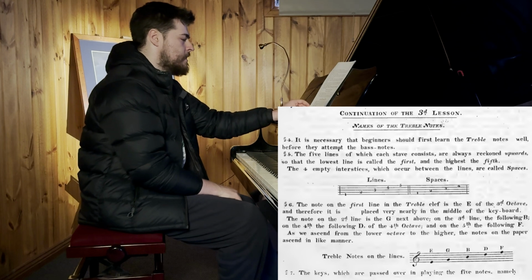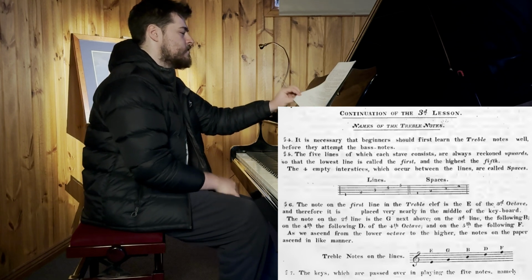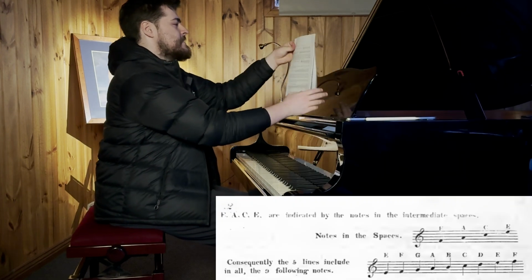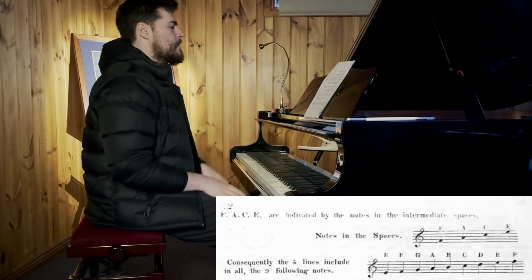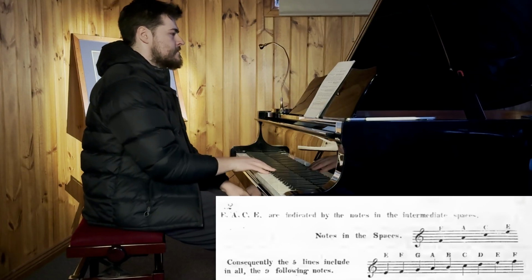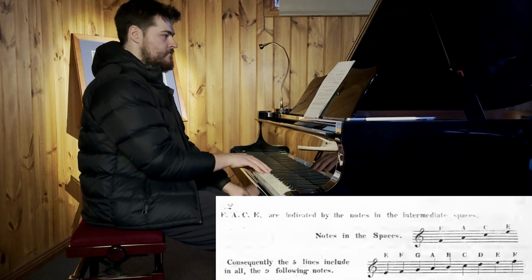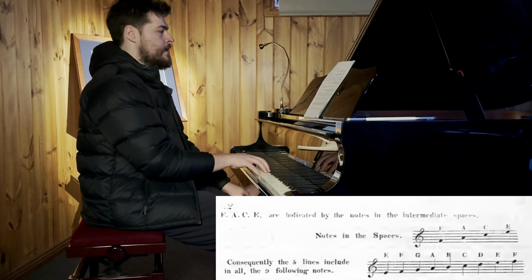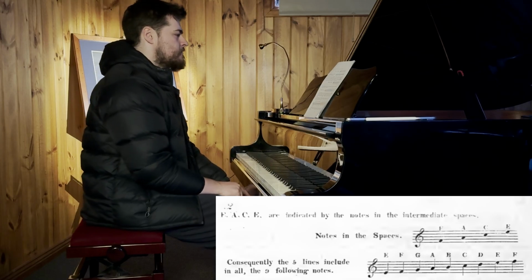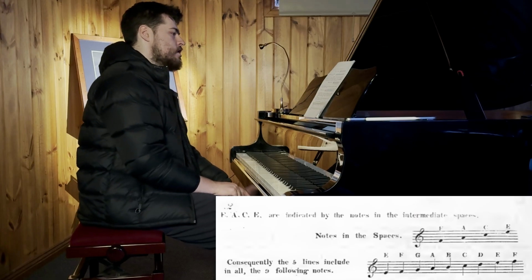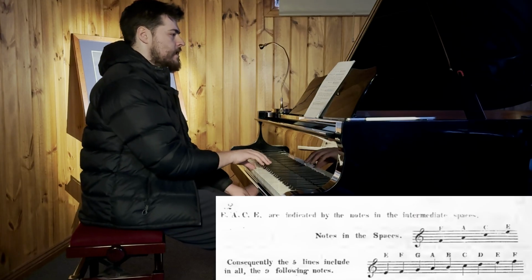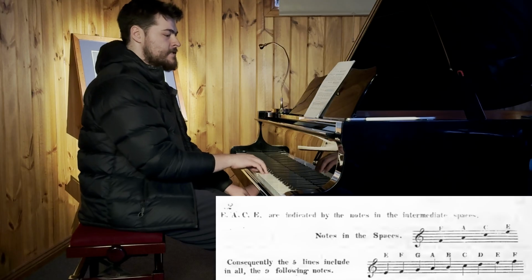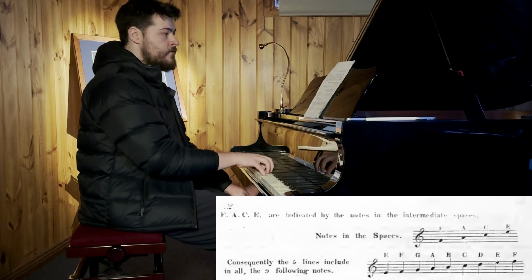The keys which are passed over in playing the 5 notes, namely F, A, C, and E, are indicated by the notes in the intermediate spaces. Notes in the spaces: F, A, C, E. Consequently, the 5 lines include all the 9 following notes: E, F, G, A, B, C, D, E, F.